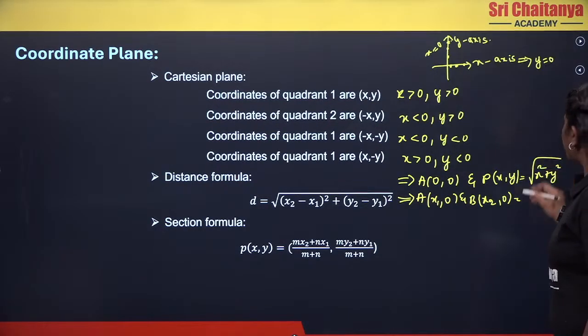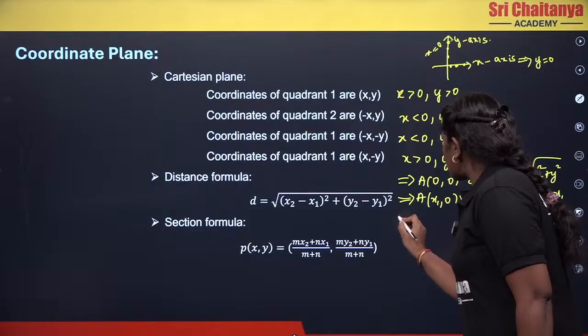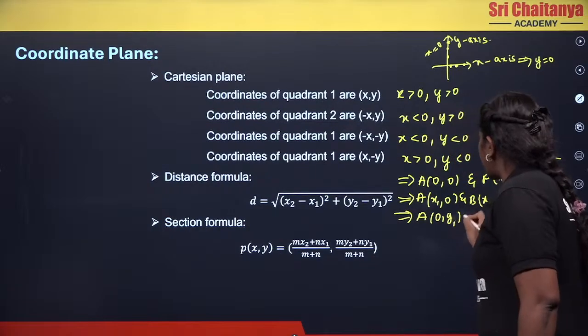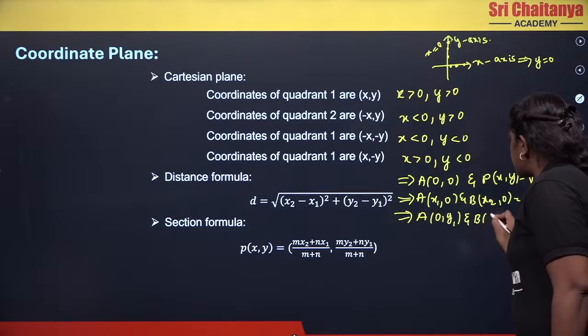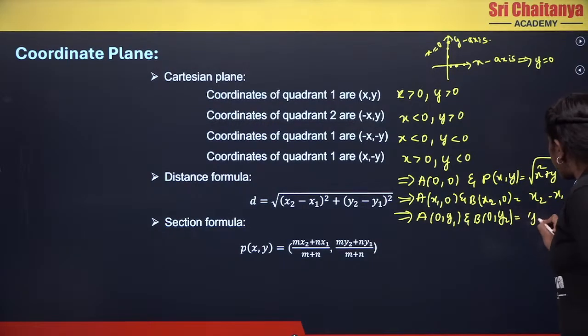What if the x coordinates are 0? Then A is 0 comma y1 and B is 0 comma y2, and the distance is y2 minus y1.